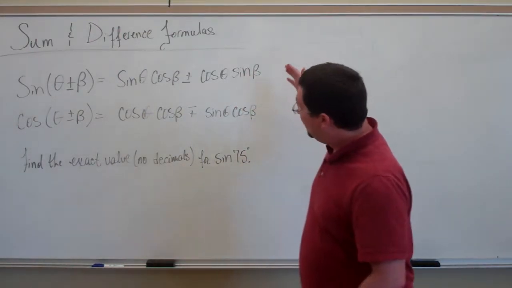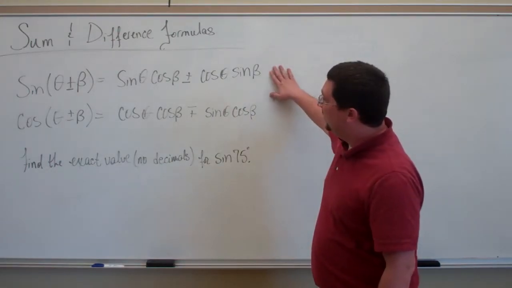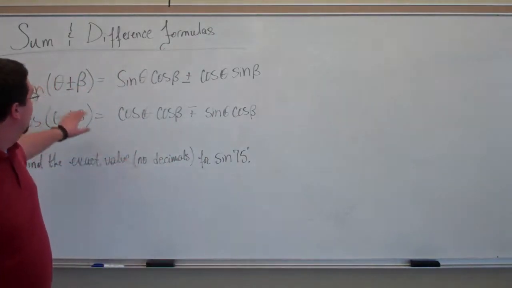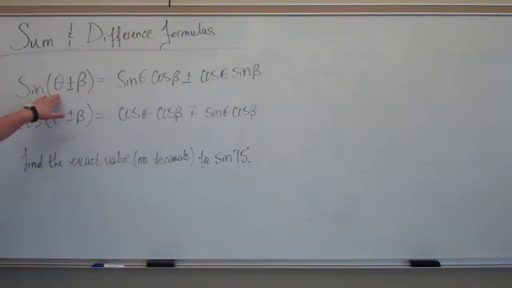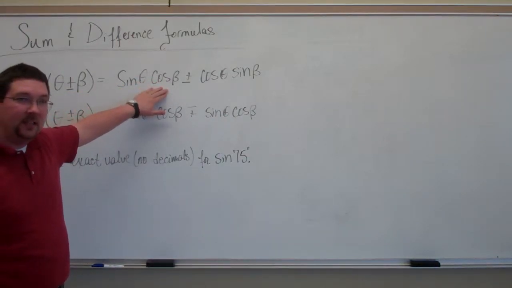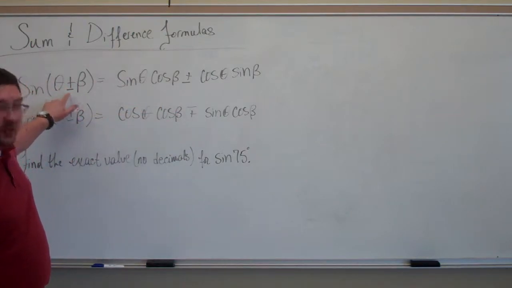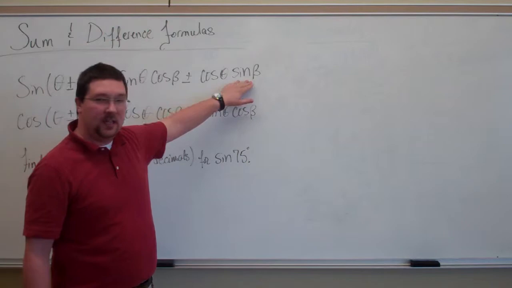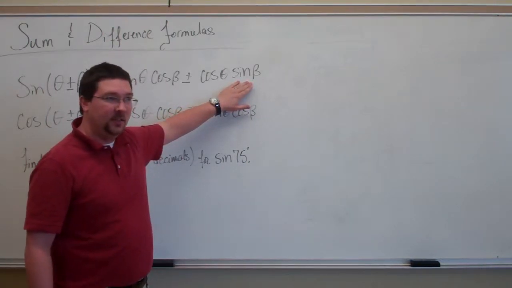Alright? So now, for the sine sum and difference formula, it's the sine of theta plus or minus beta equals the sine of the first times the cosine of the second plus or minus whatever your value was here, the cosine of the first times the sine of the second. Okay?